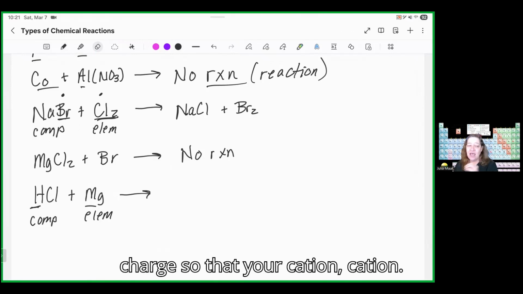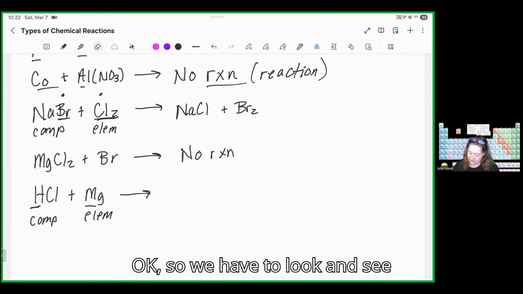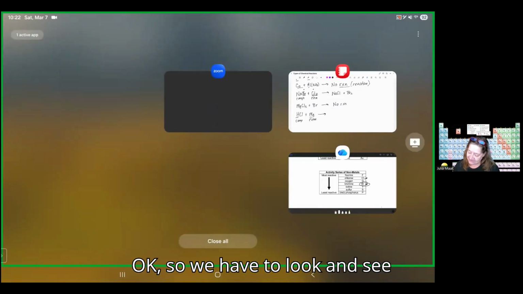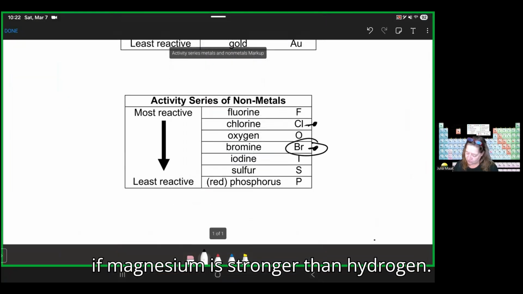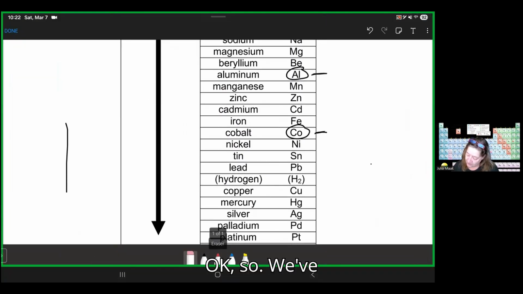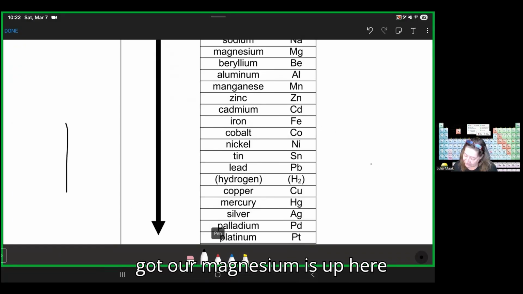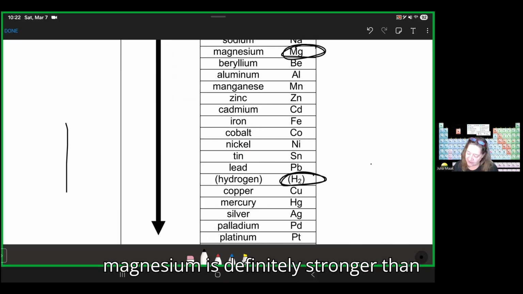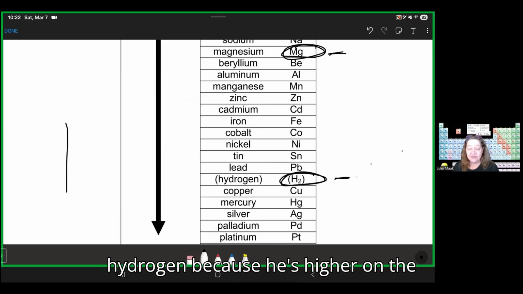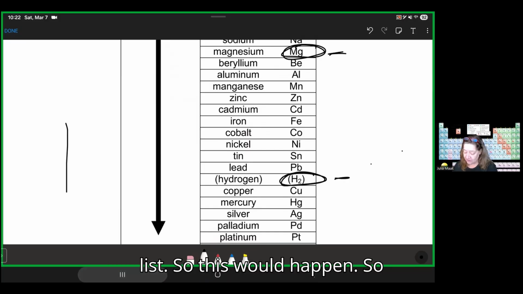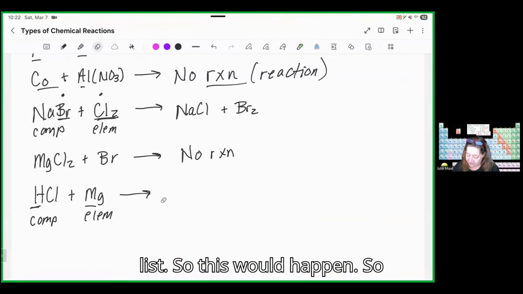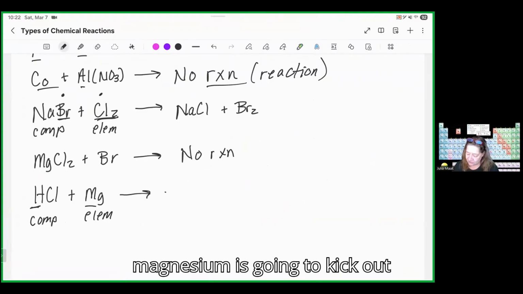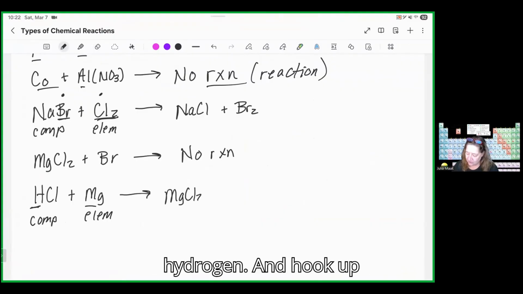So your cation, cation. Okay, so we have to look and see if magnesium is stronger than hydrogen. Okay, so we've got our magnesium is up here and hydrogen is down here. So magnesium is definitely stronger than hydrogen because he's higher on the list. So this would happen. So magnesium is going to kick out hydrogen and hook up with the chloride.